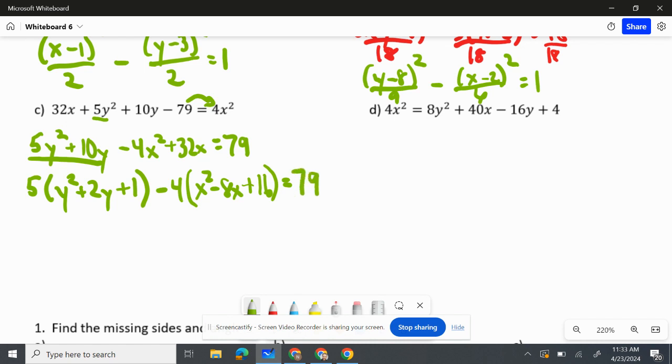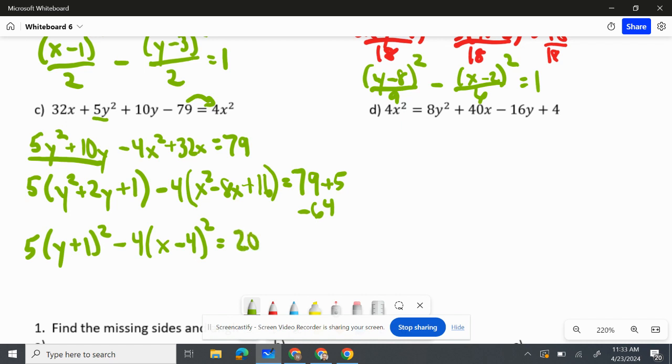We have 5 times 1, which is 5. We have negative 4 times 16, which is negative 64. So when I factor it, I have 5 times y plus 1 squared minus 4 times x minus 4 squared is equal to 20.